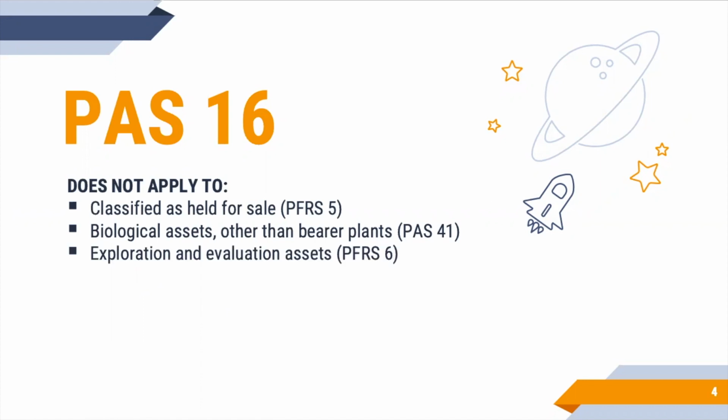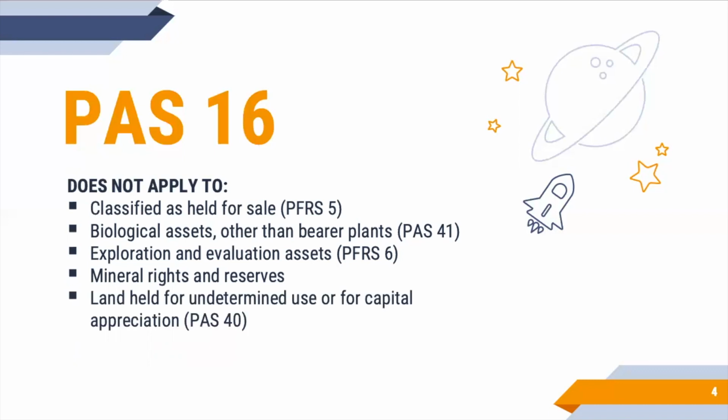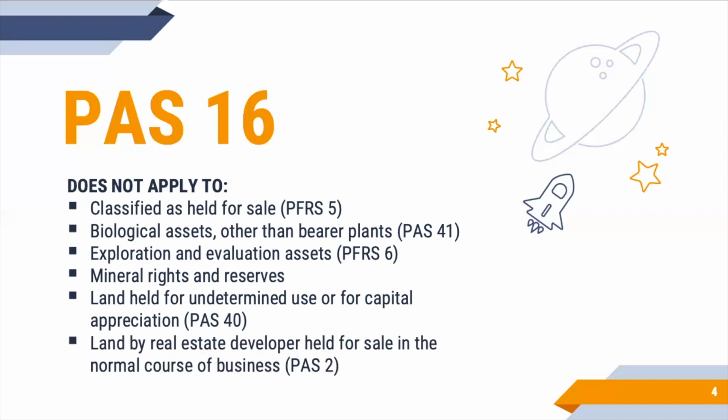Exploration and evaluation assets, accounted for under PFRS 6. Mineral rights and reserves such as oil or gas. Land held for undetermined use or for capital appreciation, and land by a real estate developer. If you are a real estate developer and you sell land, then these are considered as held for sale in the normal course of business, and it should be accounted for using PAS 2 because technically yun yung iyong inventory.